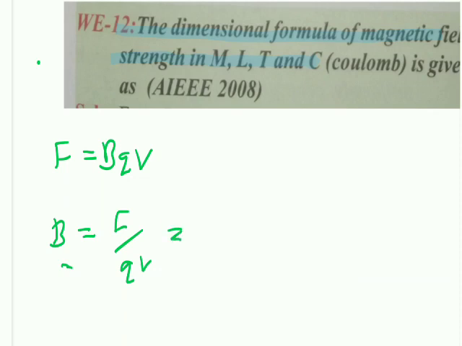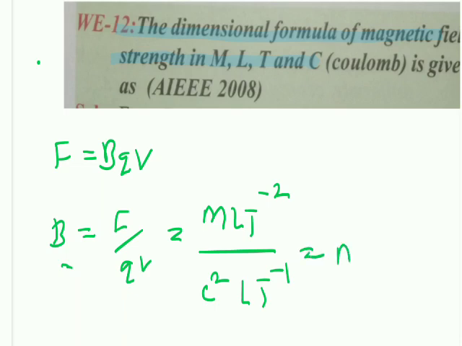F dimensions M, L, T inverse 2, by Q means coulombs, V means L, T inverse 1. So M 1, L, these two are cancelled, so L0, T minus 1.